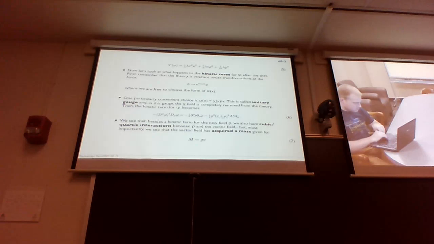The other terms, the cross term and the rho squared term, are going to give you interaction terms between your vector field and the scalar field. So what we see is that this vector field now gains a mass, and because it's a vector field, the mass squared tells me that the mass has to be g times v.